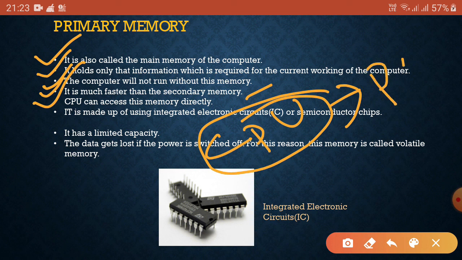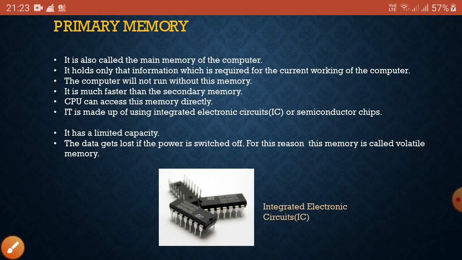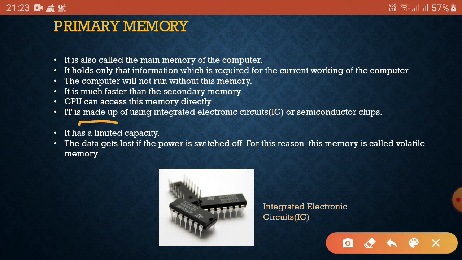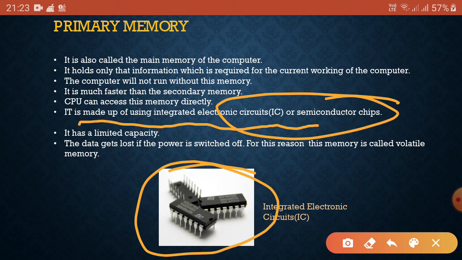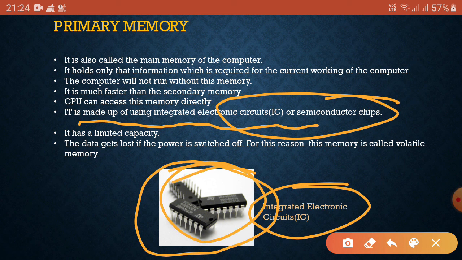Primary memory. Next, it is made up of integrated electronic circuits or semiconductor chips. Below we already have IC chips, which are the chips used in the computer.